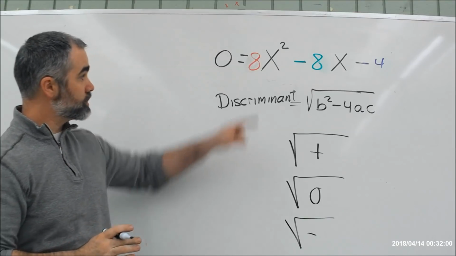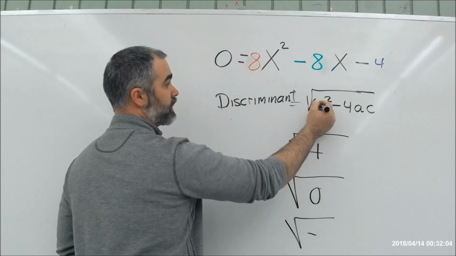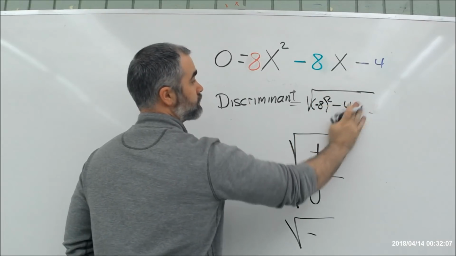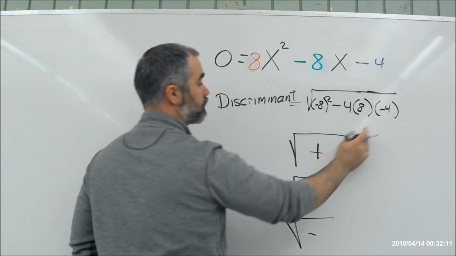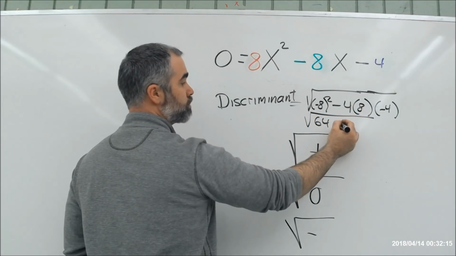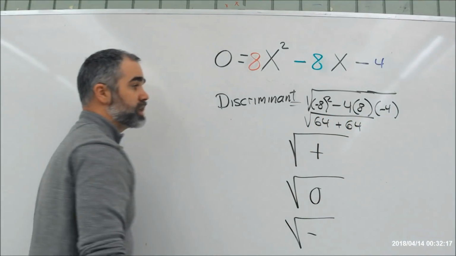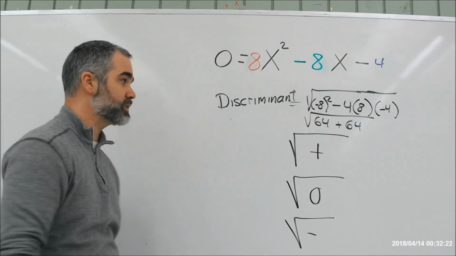So if I use my equation here, I can plug this in, and we found out earlier that there was negative 8 squared minus 4 times 8 times negative 4. And what this ended up giving us was the square root of 64 plus another 64, which is a positive number. And we saw that the positive number gave us 2 x-intercepts.